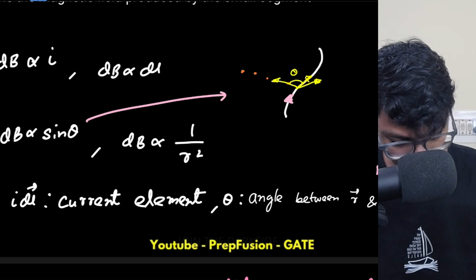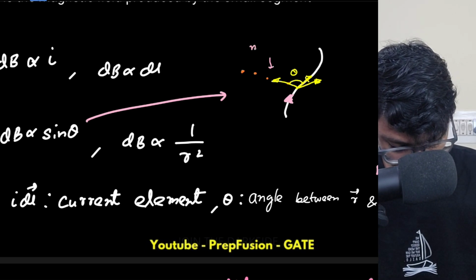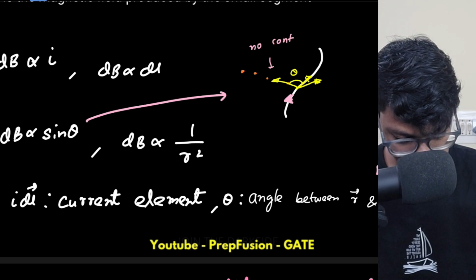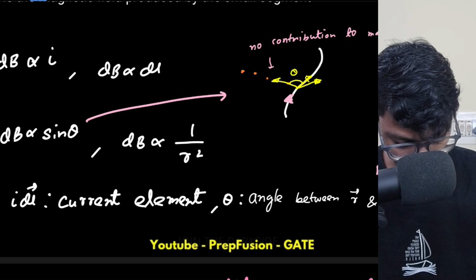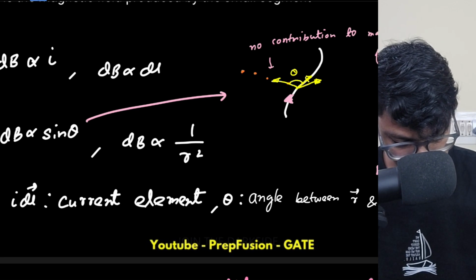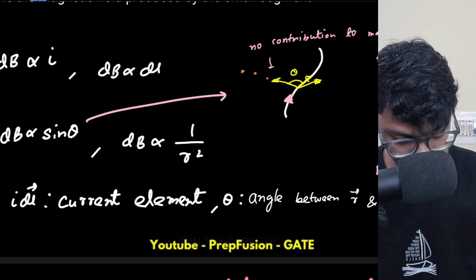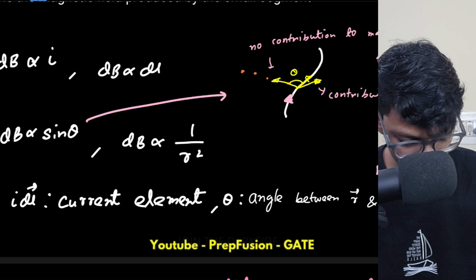Obviously the perpendicular one will not contribute to the magnetic field, but this parallel component will contribute. So that's why this sin theta term comes.